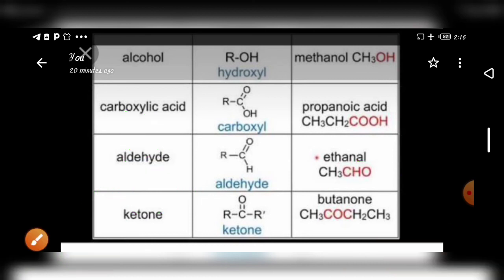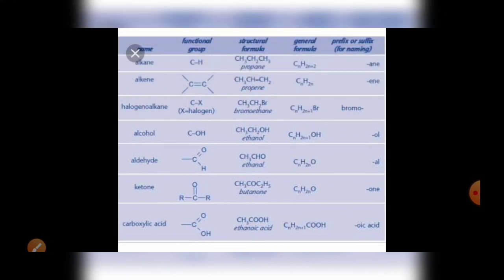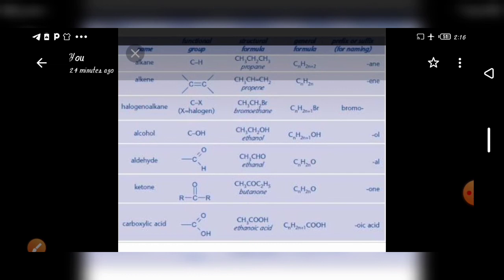Okay, that also goes for ketone; I explained it briefly and individually. Next, again I gave the name, group, formula, one example, general formula, and how it will be named, that is, whether you add a prefix or suffix.